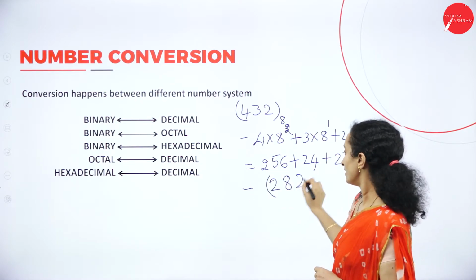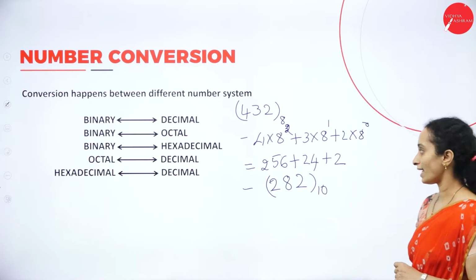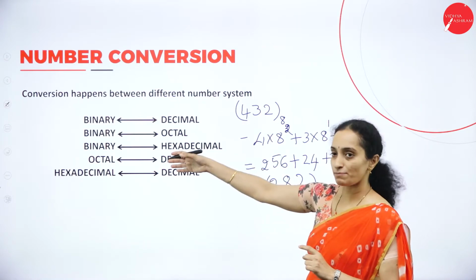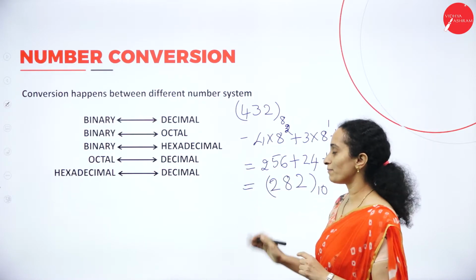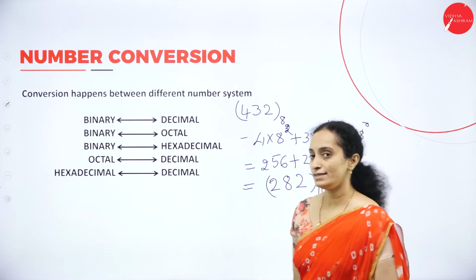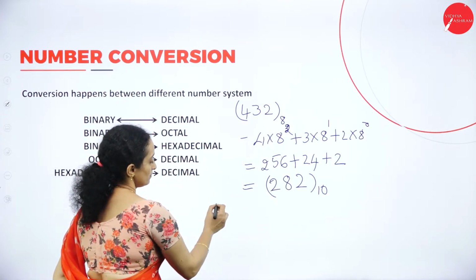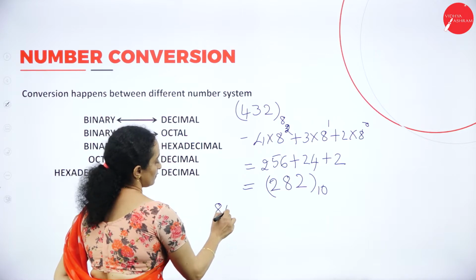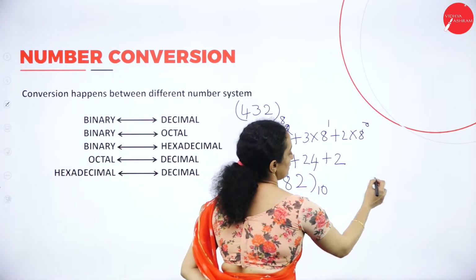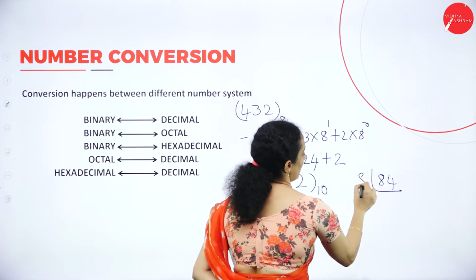So, in the number system 10, base will be 10. Okay. This is how you can convert an octal number into decimal. How do you convert decimal to octal? If you have 84, how do you represent that in octal? 84 will be divided by 8.